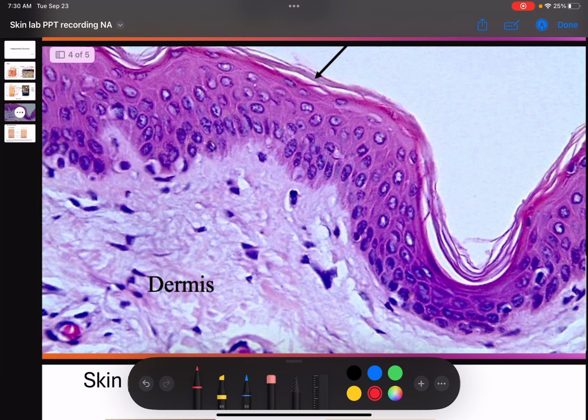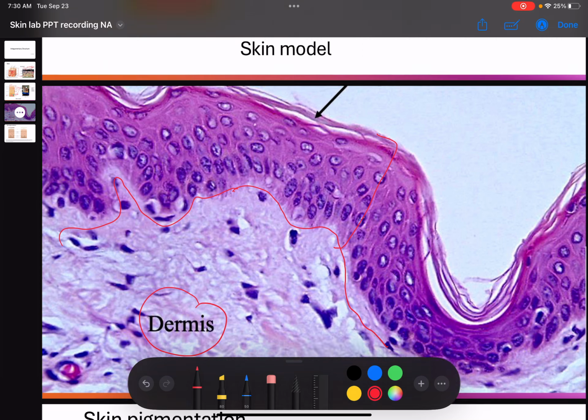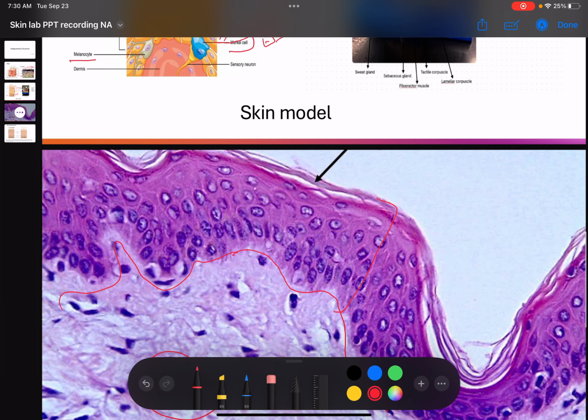This is a slide. This is everything the lighter color. Dermis. This is the epidermis. So you can see how this is a stratum corneum. It's dead cells.